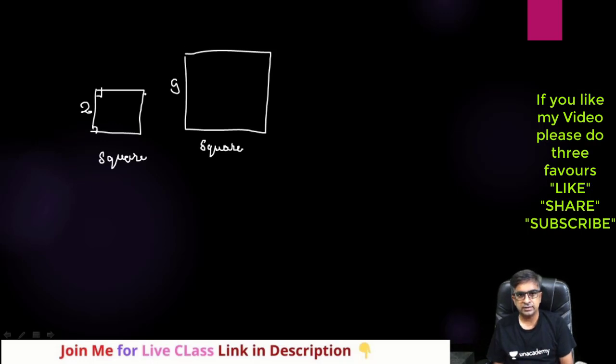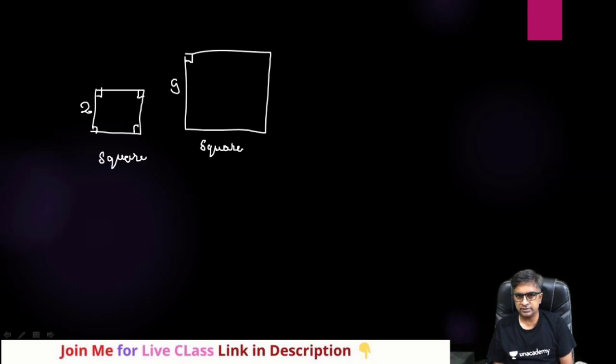All the angles are 90 in a square, we know, and the sides are 2 here and 5 here. So all the angles are equal and the sides are proportional, 2 by 5. So you can say that all squares are similar.